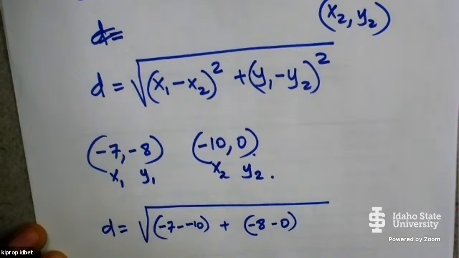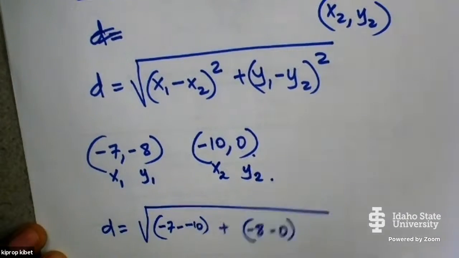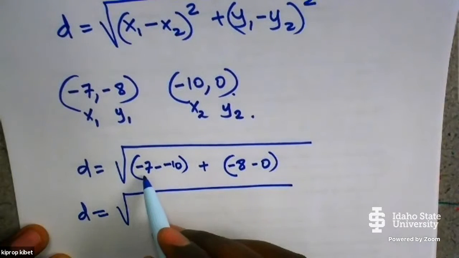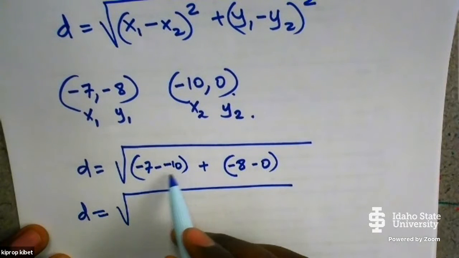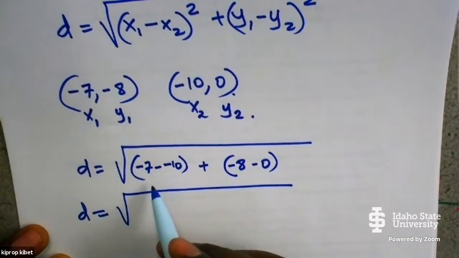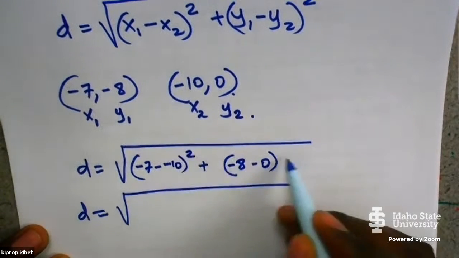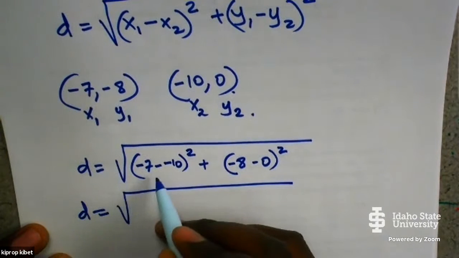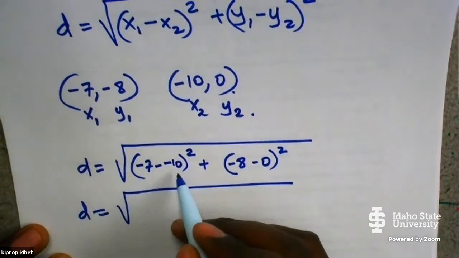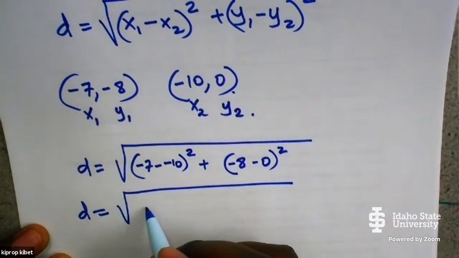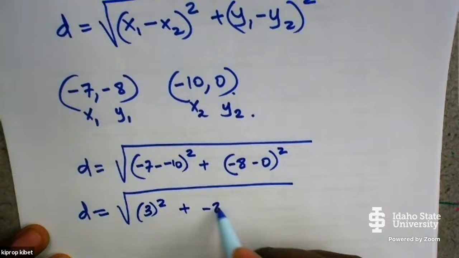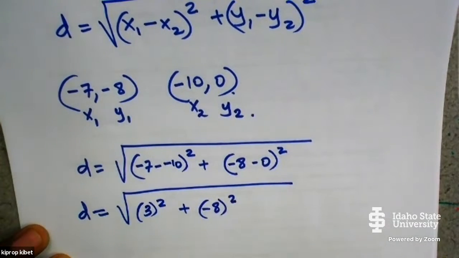So our distance will be the square root of (-7 minus -10, which is -7 plus 10, that is 3), so 3 squared plus (-8) squared.